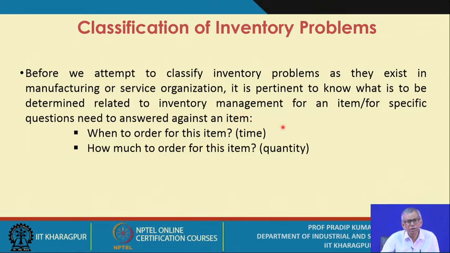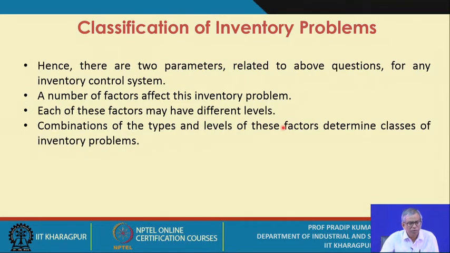These two questions are answered in various ways. So there are two parameters related to the above questions, one related to time and one related to quantity, for any inventory control system. A number of factors affect this inventory problem, and each of these factors may have different levels. Is it okay?